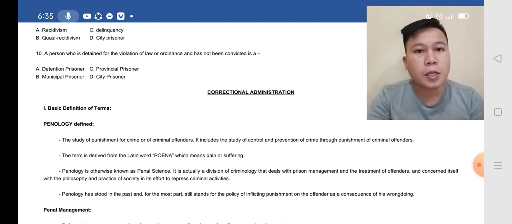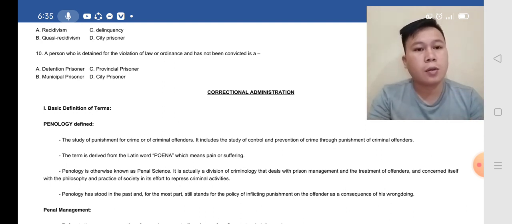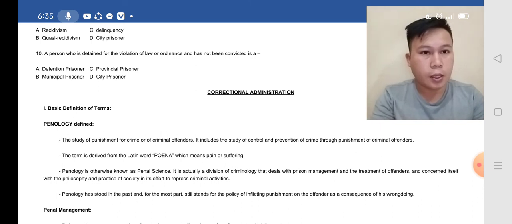So lahat ng punishment na pwede nating ibigay, it's either reformation, rehabilitation, and the like. So yan yung mga pwede nating ibigay corresponding doon sa criminal offense na ginawa ng isang offender or ng isang convicted criminal.